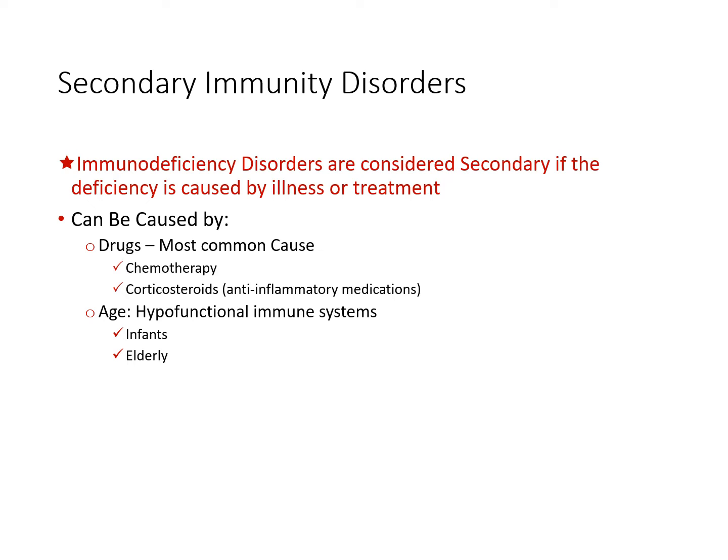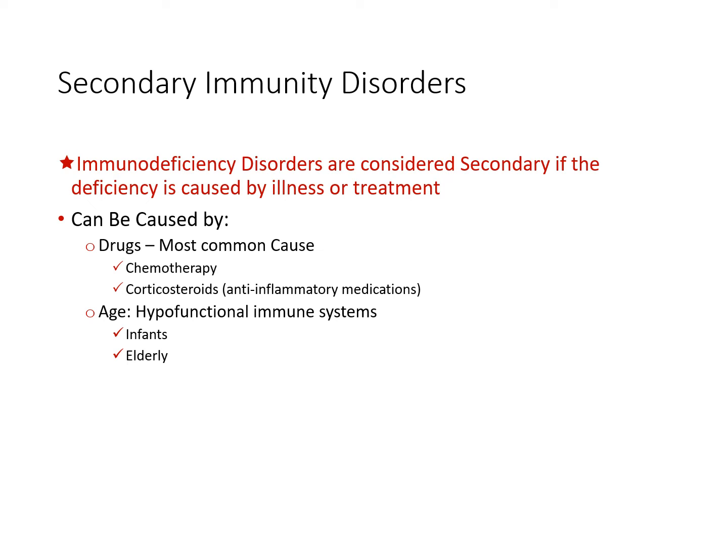For the secondary immunodeficiencies, they are usually caused by illness or treatment, and you've been given some examples of why somebody could end up having a compromised immune system. So some of these you're familiar with. Things like medications, those are your most common cause, right?